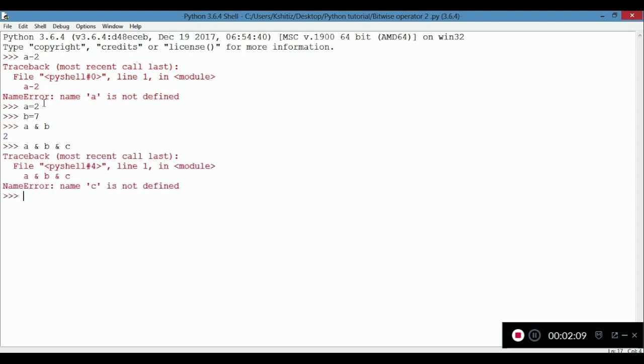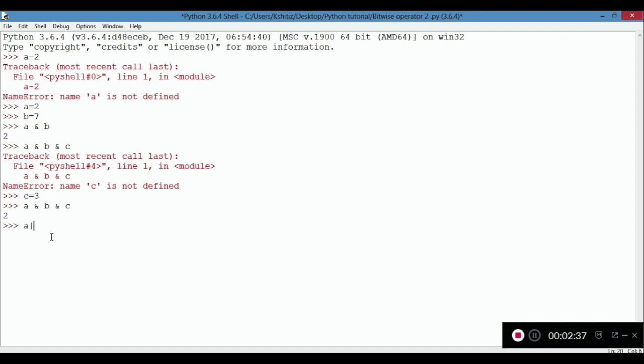Okay, c was not defined, so you get an error over there. c is equal to 3, so copying that back again, you get a 2. In this similar manner, when you operate on them, you will get the answer, and you can take as many as possible.